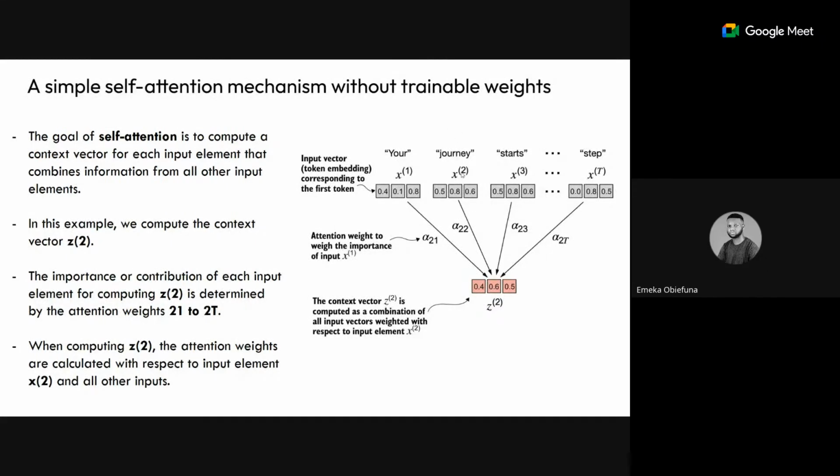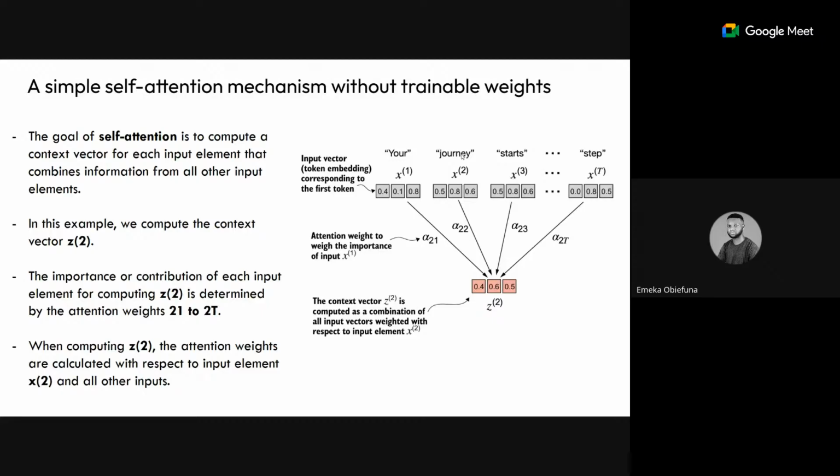For us to compute the context vector for the second token, we need to calculate the attention weight of this second token with respect to each and every individual token in this input sequence. Simply put, you have this guy called Johnny, which is the second token.